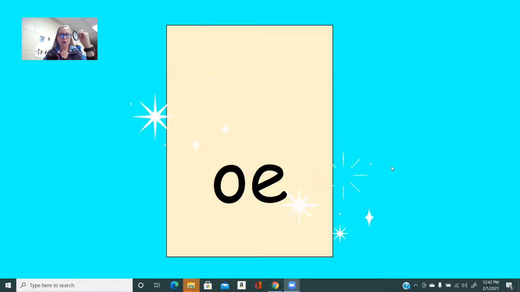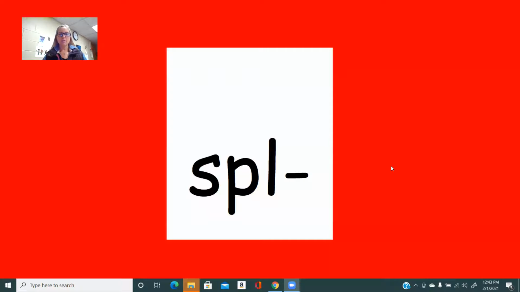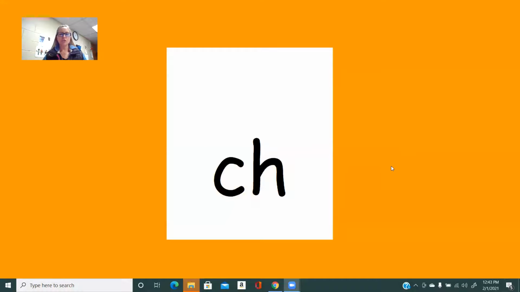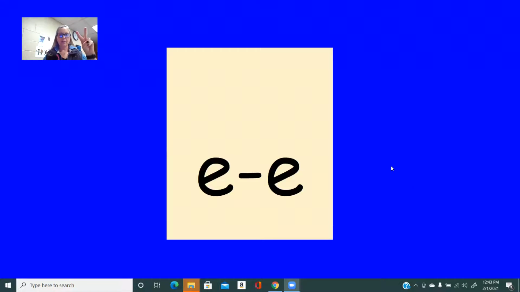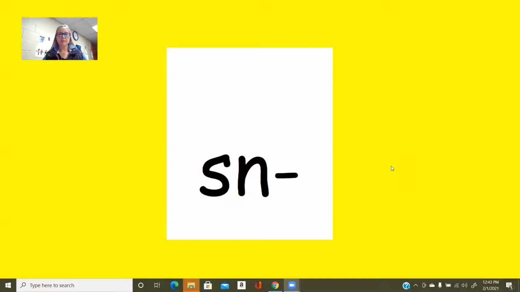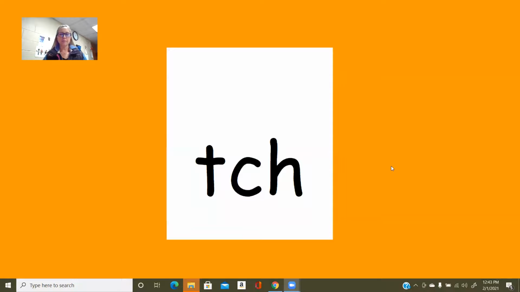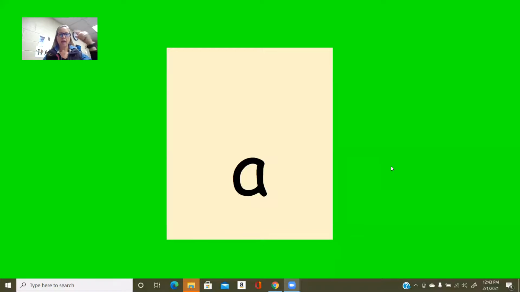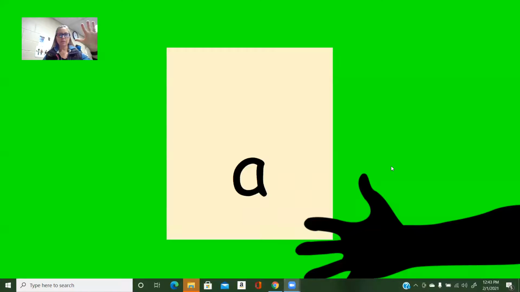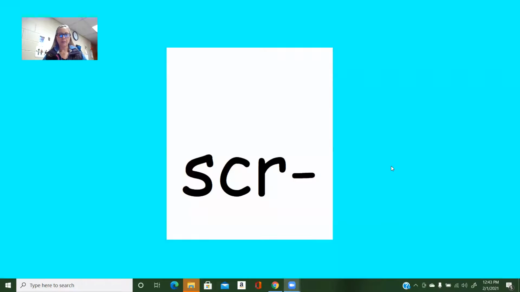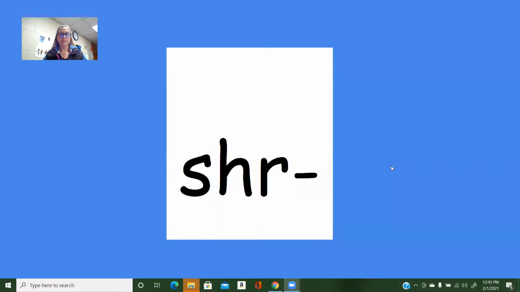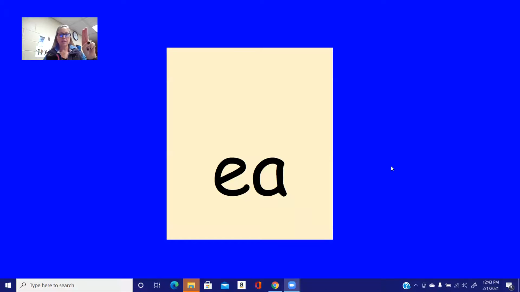Vowel team, O. Spool. Vowel, consonant, silent E. Closed syllable. Open syllable. Vowel team, long vowel sound. Vowel team, short vowel sound.